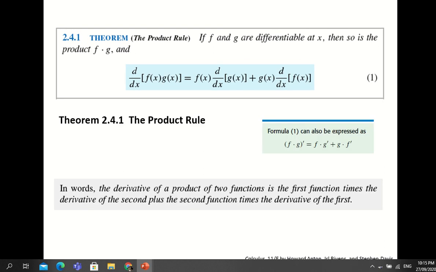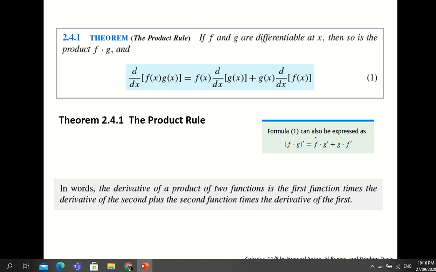Okay, now the other one is the product rule. If the function f and another function g are differentiable at x, then so is the product f times g. Mathematically, we have this: the derivative of the product of the two functions f of x and g of x with respect to x is equal to f of x times the derivative of g of x with respect to x plus g of x times the derivative of f of x with respect to x.